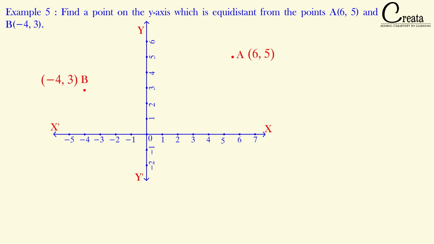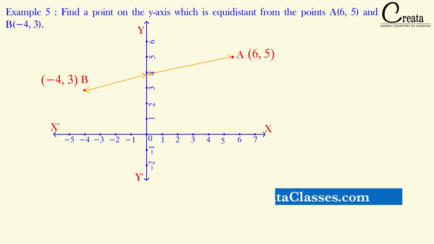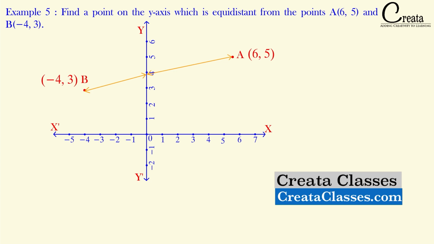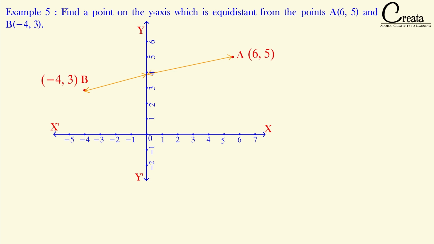These 2 points will have some distance with respect to the y-axis. The y-axis is basically composed of many different points, and from each point the points A and B will have some distance. We have to find a point on the y-axis from which both points A and B will have equal distance. Got it? What is the question?